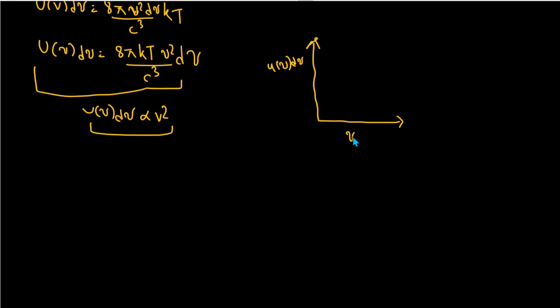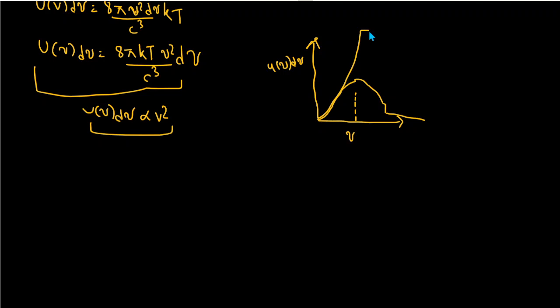What the Planck radiation law is predicting is that at low frequency it increases, so with increasing frequency the energy density increases, but it has a peak at a certain frequency, and after this peak it goes to zero at infinity. But our classical law, the Rayleigh-Jeans law, is predicting that this energy should go to infinity.